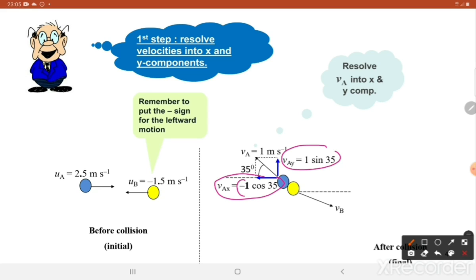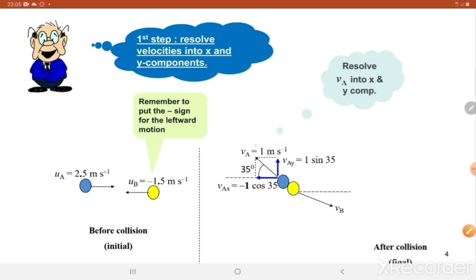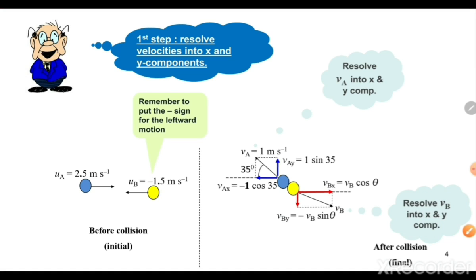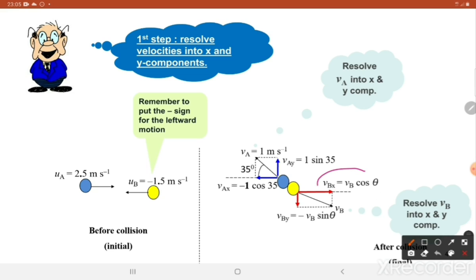So the negative value here indicates that VAX is actually directed to the left. And then next, you resolve VB into both components, X component and also Y component. Your VBY is a negative value because when you resolve this VBY, that vector is directed downward.